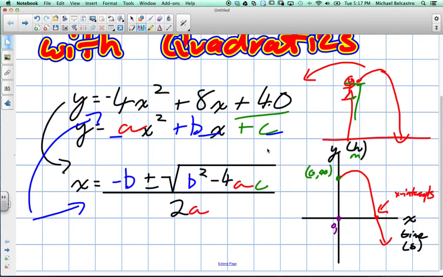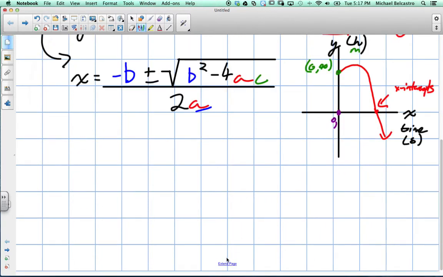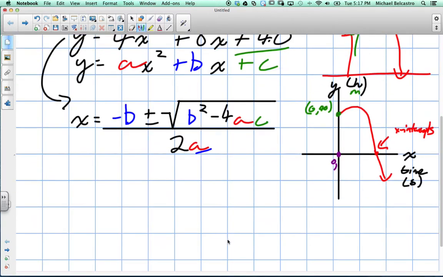It has nothing to do with vertex form or factor form, because otherwise we don't have an a, b, and c. So we take these values and plug them in. Usually with x-intercepts, and especially with this one, we're going to have 2 of them, and we'll talk about the realism between the 2 in a moment.